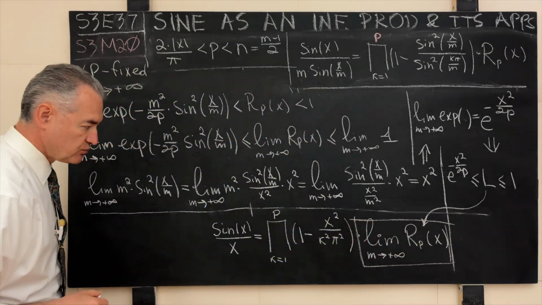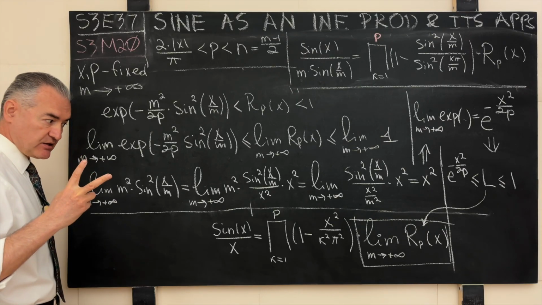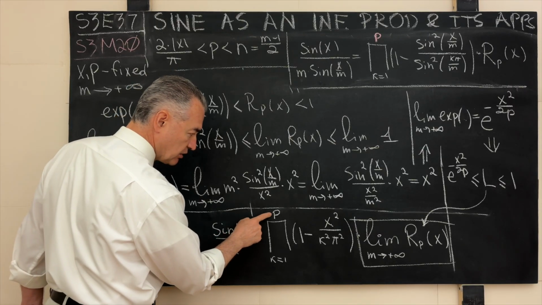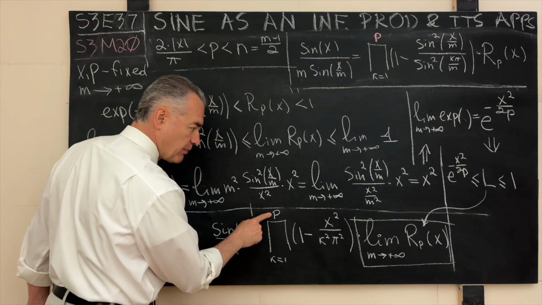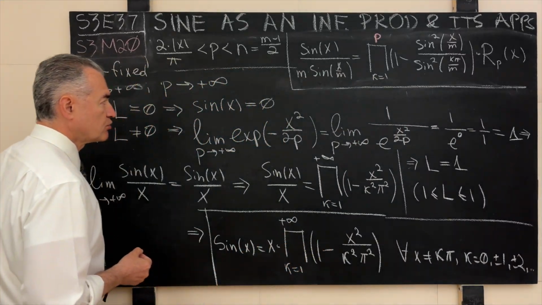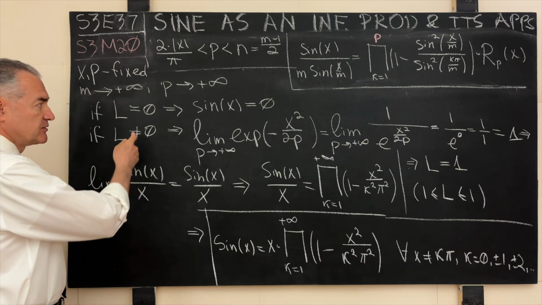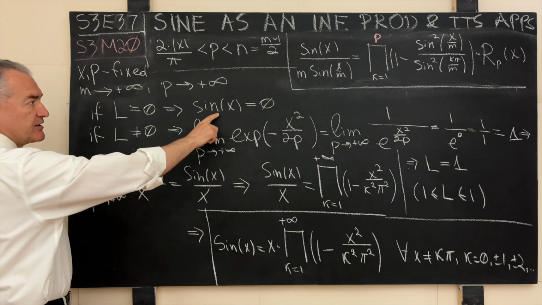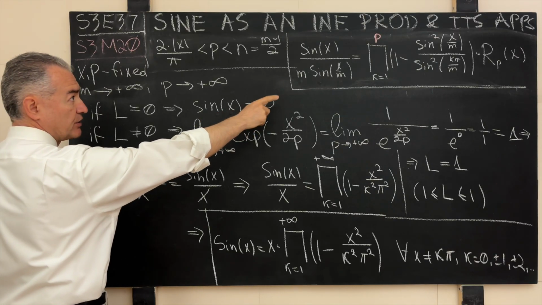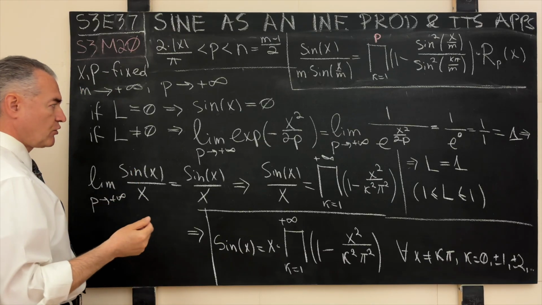And now what can we do? Well, now that we have this material, we can apply the second stage of dealing with this infinite product, where we will keep x fixed, but we will tend p to positive infinity. And since in the previous segment we proved that our limit L exists, we can have two cases over here. When this limit is 0, then that means that the value of the trigonometric function of sine evaluated at the argument x is 0, and we have our relation that we're trying to prove trivially holding true.